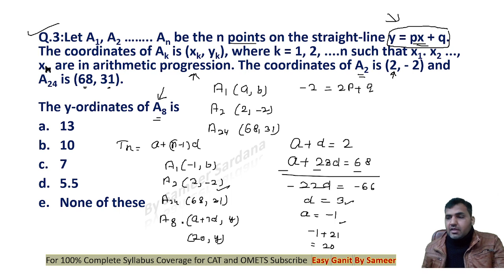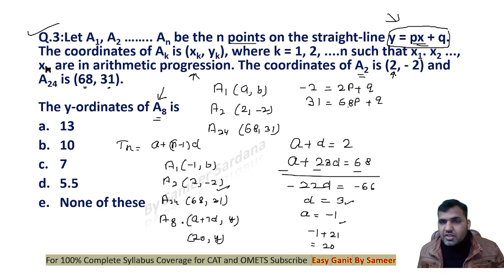Similarly, A24 as (68, 31) is also a point which lies on this line. If I put y as 31, x has to be 68, so 31 equals 68p plus q. Now solving these two equations, I'll get the values of p and q.